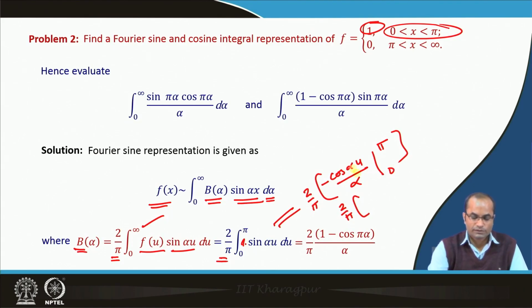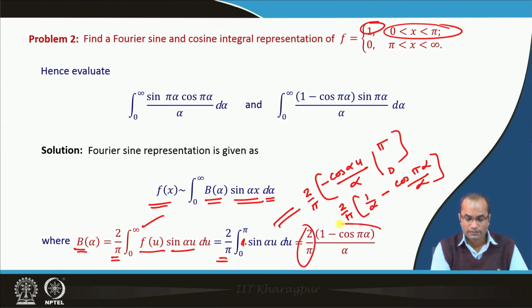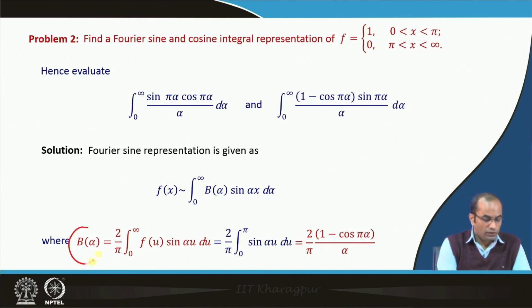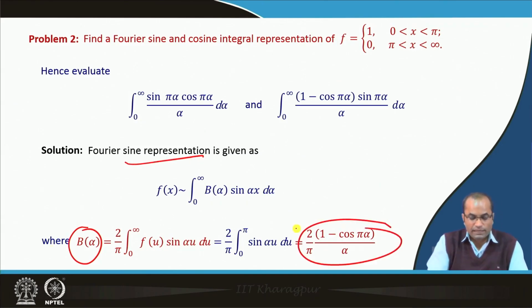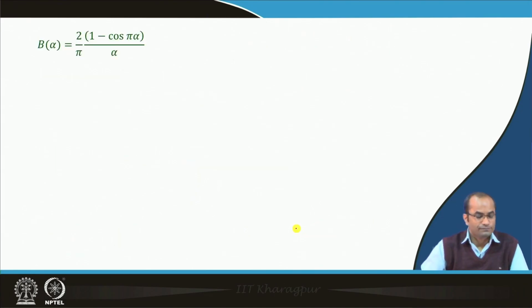So, first we put this 0. We have 1 over alpha, and then minus cos pi alpha over alpha. Which is written here as 2 over pi, (1 minus cos pi alpha) divided by alpha. So, in this Fourier sine representation, we have computed b(alpha) as 2 over pi, (1 minus cos pi alpha) over alpha.